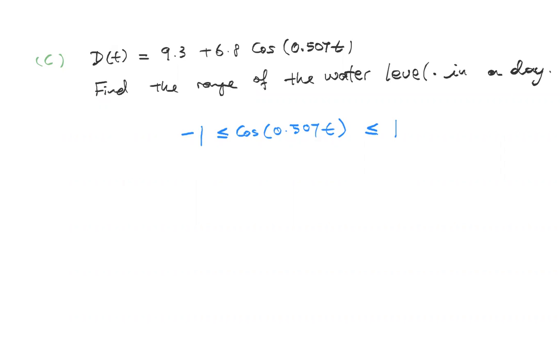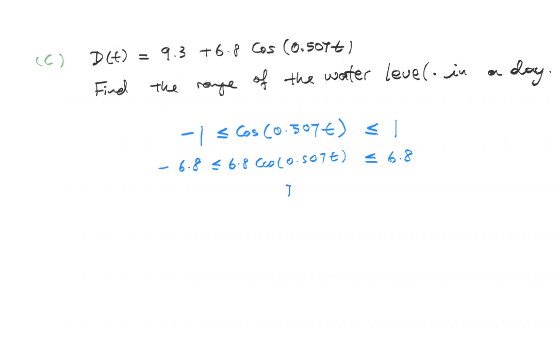Okay, so the next one will be 6.8 times cos 0.507t, highest 6.8, lowest -6.8. Correct?